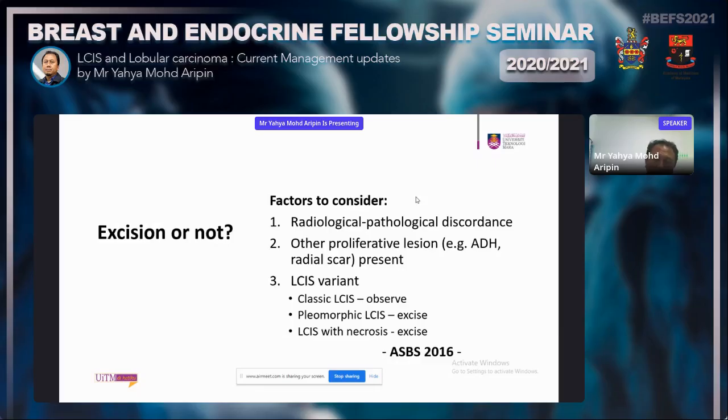If there is any proliferative lesion present, you might consider excision of this LCIS. And the thing is the variant: whether you look back at the pathology, it is reported as pleomorphic or we can see any necrosis in the histology, and for that you need to excise the lesion.